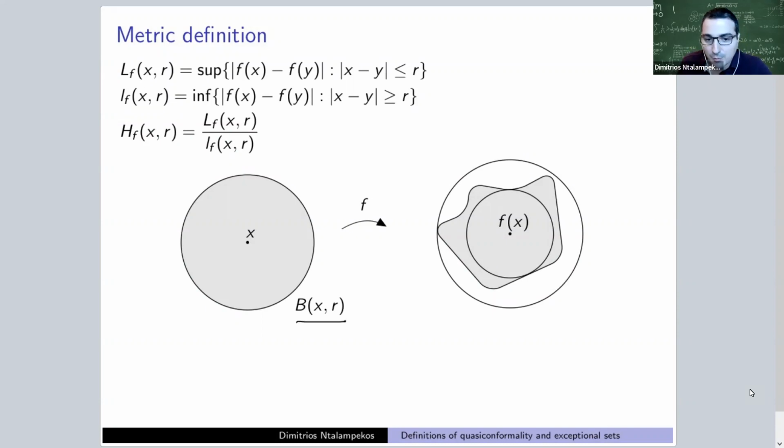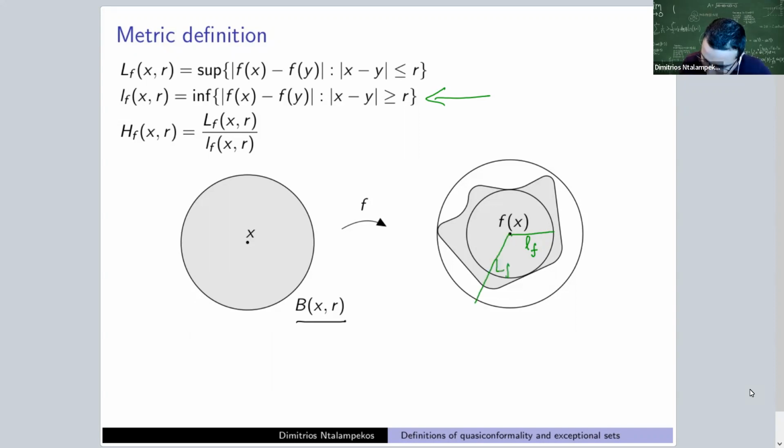The image is going to be some topological ball because f is a homeomorphism. And then we take the largest ball that is contained in the image and has center f(x). So the radius is going to be this number, little l_f. Then we also take the smallest ball that's again centered at f(x) and contains the image.